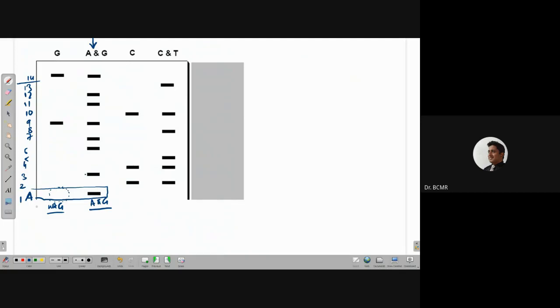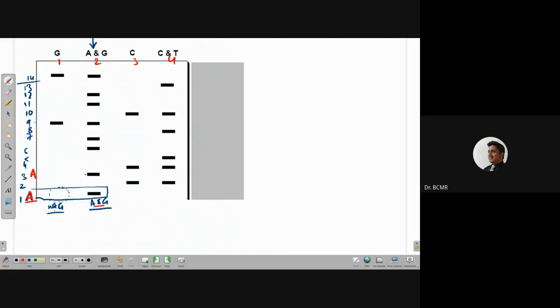But I hope you are able to see that, from lane 1, lane 2, lane 3, and lane 4, lane 2 will tell you that if there is a band, it is either A or G. Lane 1 will tell you if it is G, right? Lane 2 is saying A and G, and lane 1 at this position is telling it's not G, so it must be A. Lane 3 is a similar situation, same as this, so we don't have to go to that.